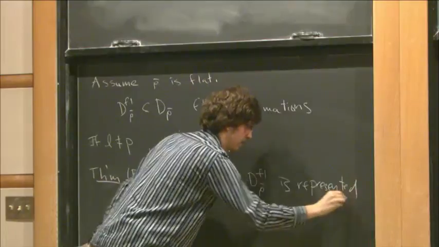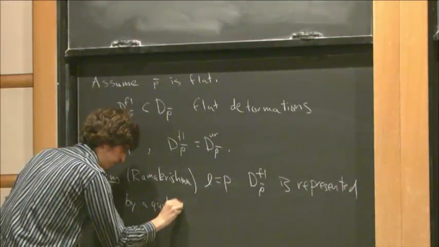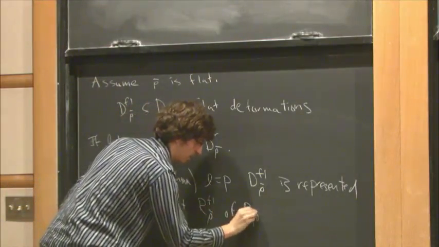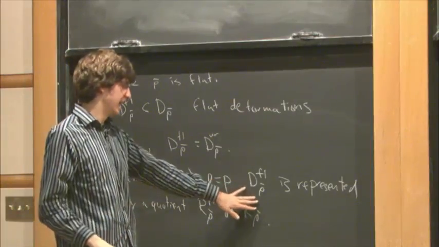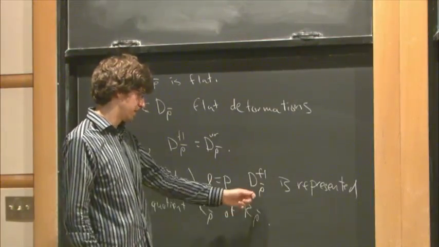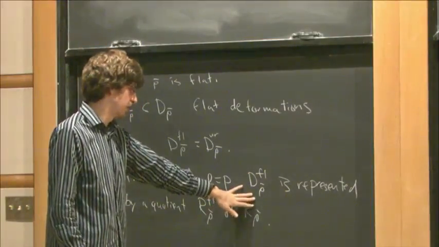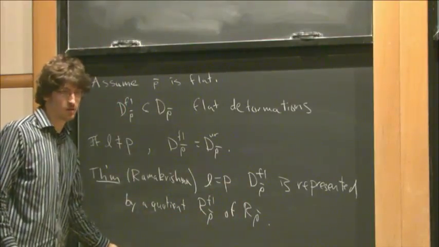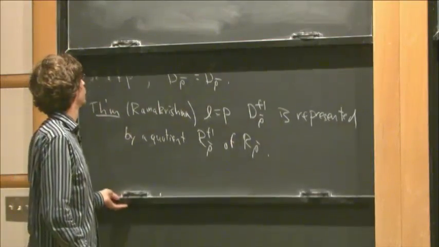So it's represented by a quotient R flat rho bar of R rho bar. He also showed that when K is Q_p and we're working with GL_2, R rho bar flat is formally smooth. It's actually a smooth deformation space.